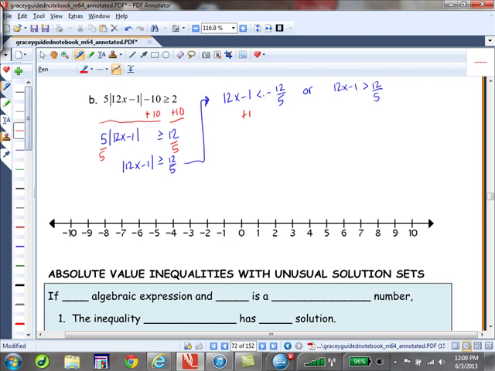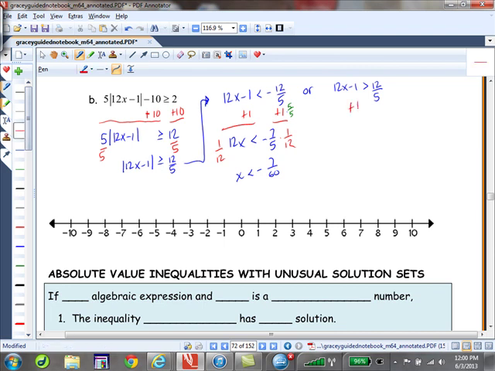So when we add 1 to both sides, remember you have to get a common denominator for the right side. So we will end up with 12x is less than negative 12/5 plus 5/5, which is negative 7/5. And then if we multiply both sides by 1/12 to get x alone, we will have x is less than negative 7/60.